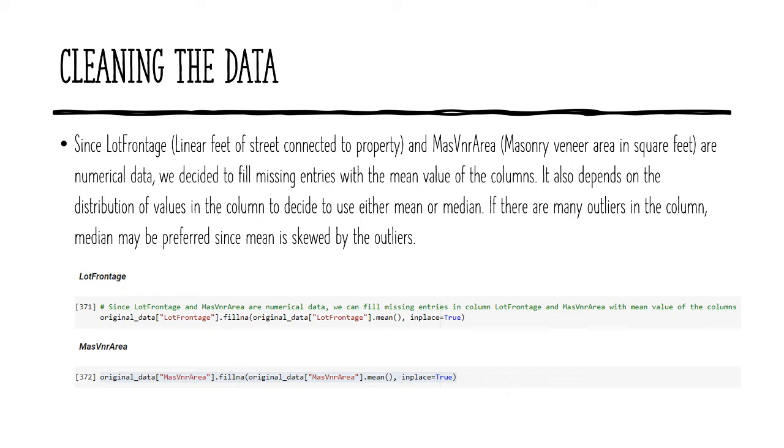It also depends on the distribution of values in the column whether to fill the missing values with mean or median. If there are many outliers in the column, median may be preferred since the mean value is skewed by the outliers. In this stage, we decided to fill the missing values with the mean value.